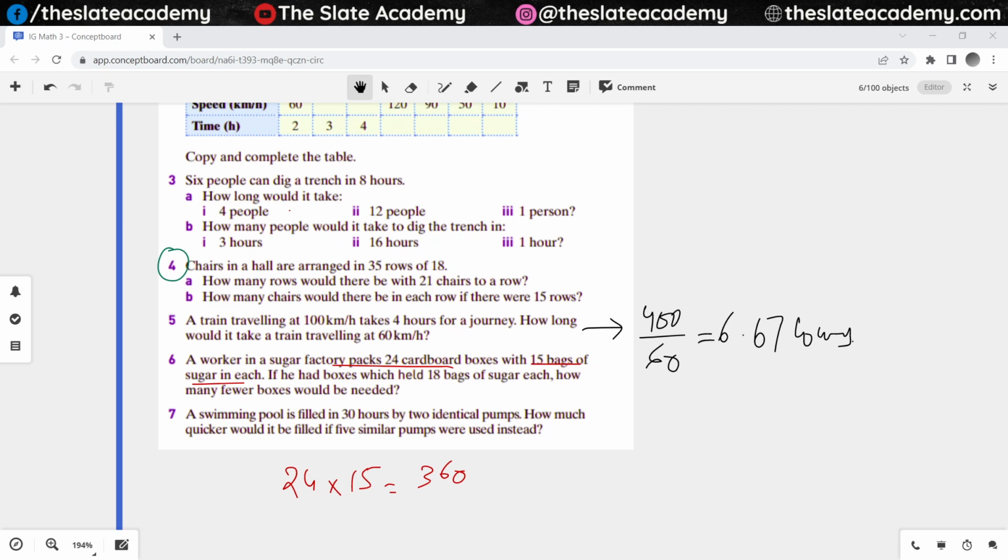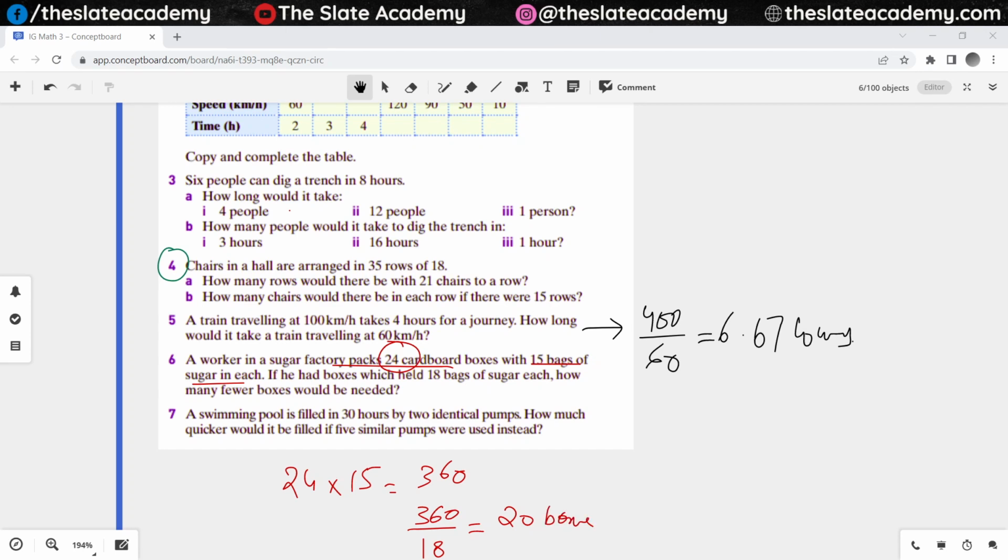If he had boxes which held 18 bags of sugar, these 360 divided by 18 would now be 20. So previously there were 24 boxes, now there are 20 boxes.